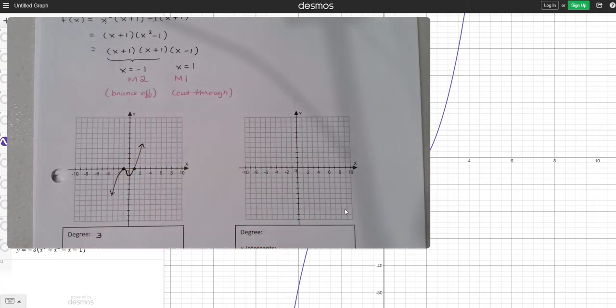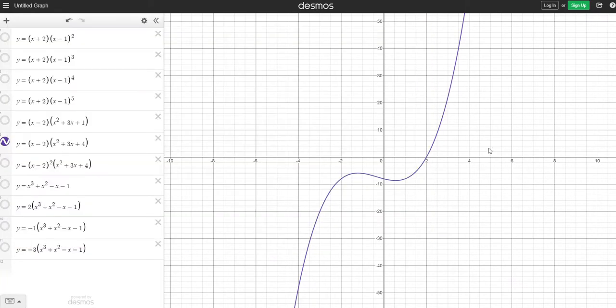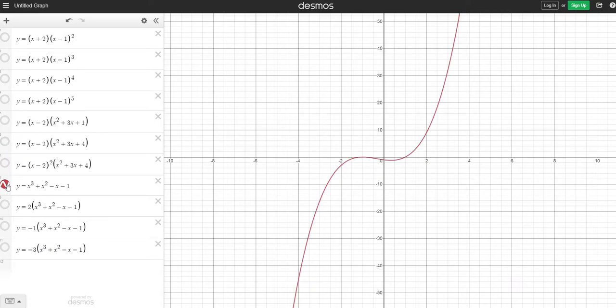So I think it has to look something like that. Let's check. There it is. There's that bounce off at negative 1. And there is the cut through at positive 1, just like we expected.